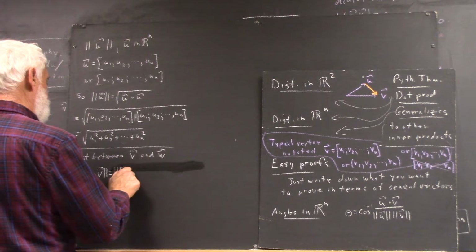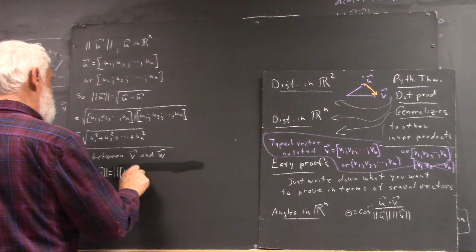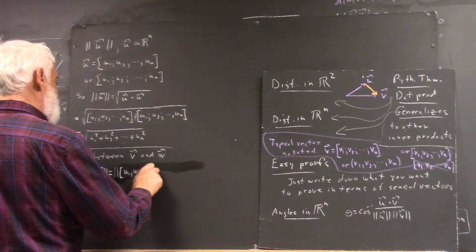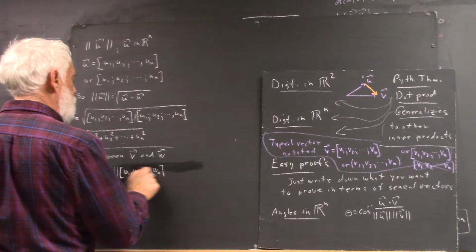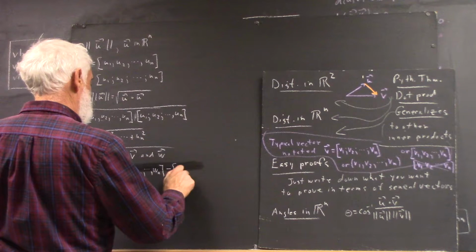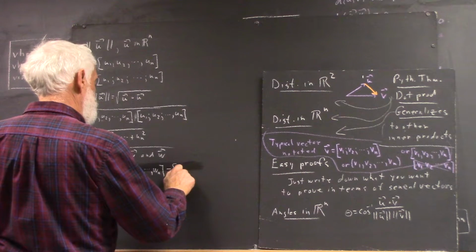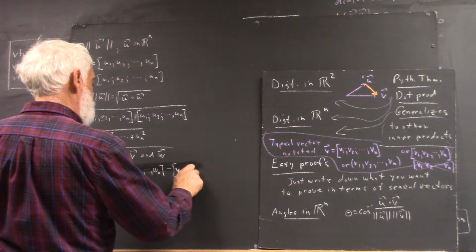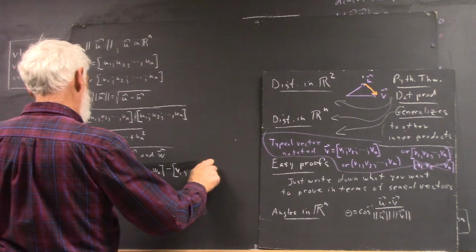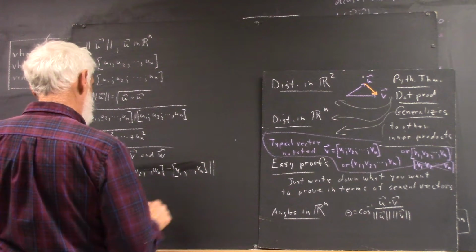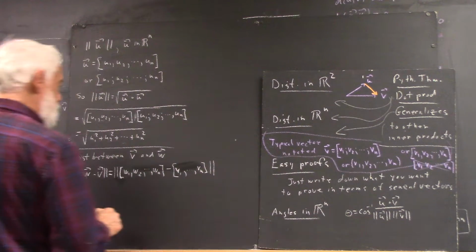use brackets. W1 through Wn minus V1 through Vn. Okay?